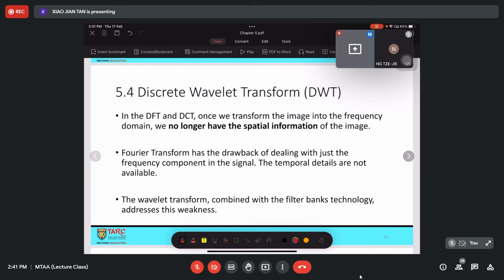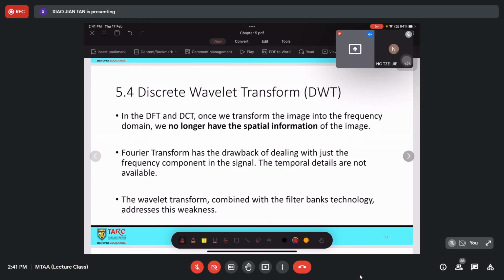Okay. DWT is another transform that we are going to discuss in the next chapter. As I mentioned just now, DFT we are not going to use in practice, but we discuss it in this chapter because the fundamentals of DFT are very important for understanding DCT and DWT. In image processing we are going to use DCT and DWT.